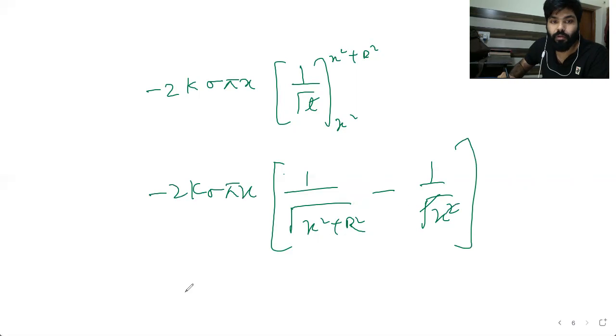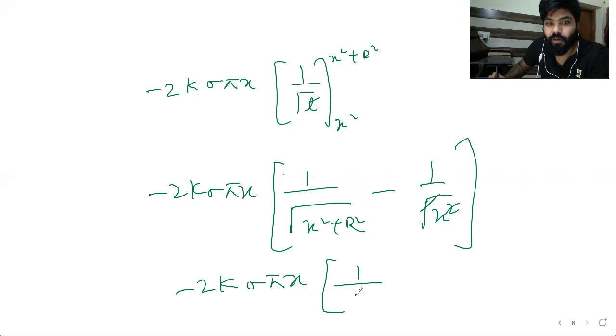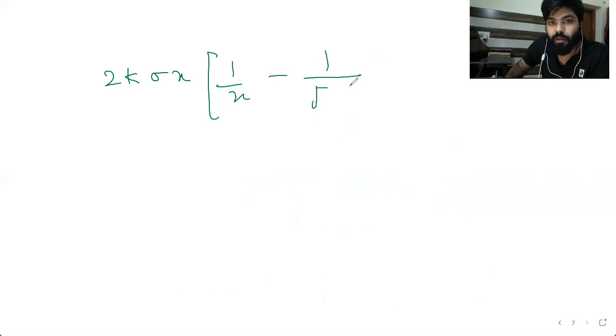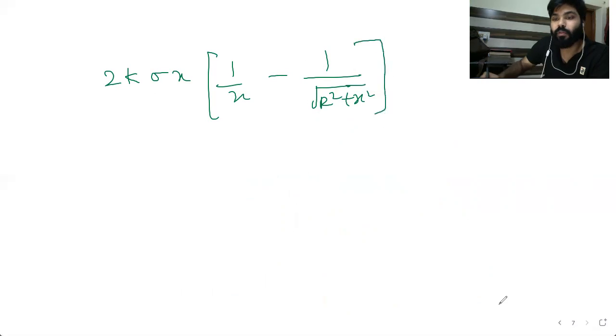You will be left with minus 2k sigma pi x times 1 upon under root of X square plus R square minus 1 upon x. You can send this negative sign inside the bracket and you will have 2 times k times sigma times pi times x times 1 upon x minus 1 upon under root of R square plus X square. Okay, so this is our required answer.